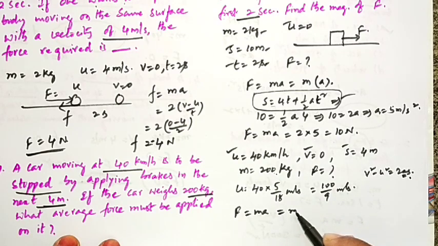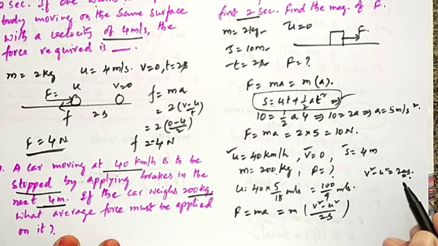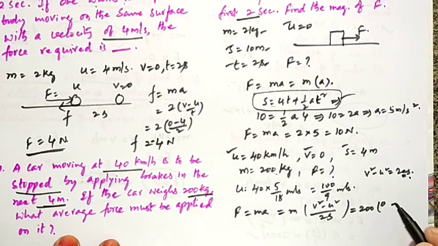Then it is m into v square minus u square by 2s, the a value. That is equal to 200 into v square 0 minus u square, that is 100 by 9 whole square, by 2s, 2 into s is 4.